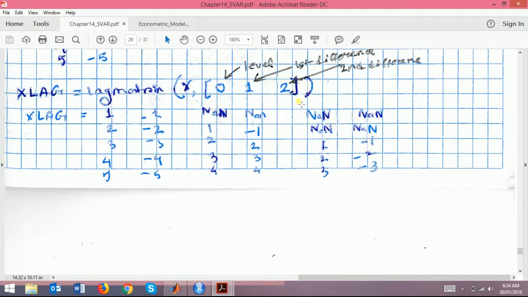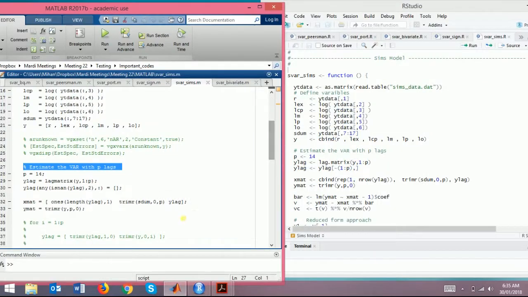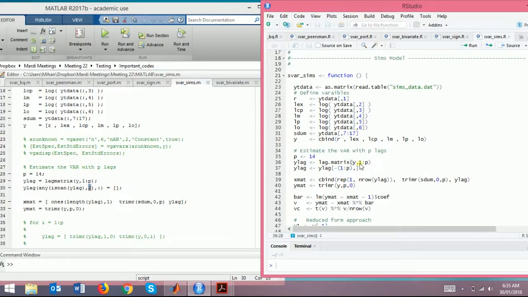This is how lag matrix is created. X, lag 0, lag 1, first element is none, lag 2, first 2 elements are none, that's all. So 1p and y lag, if any is none, anything is 0 in our y lag, in the columns, second dimension, we put them to be 0.